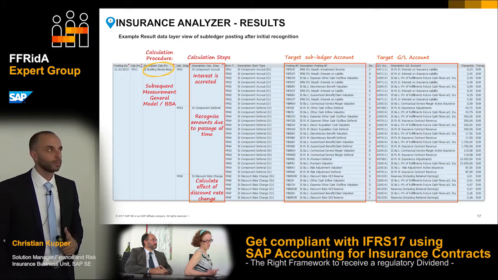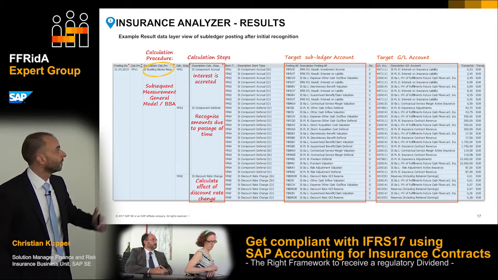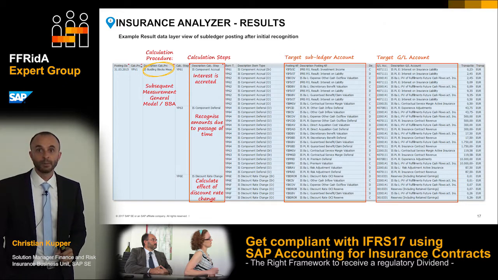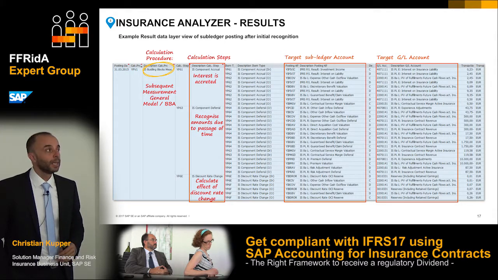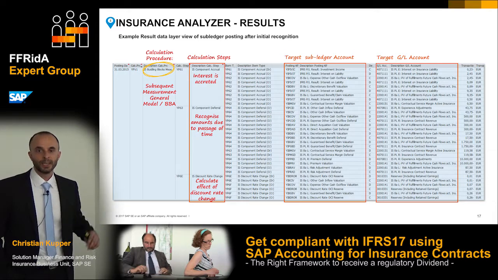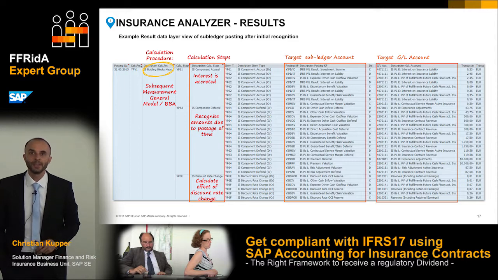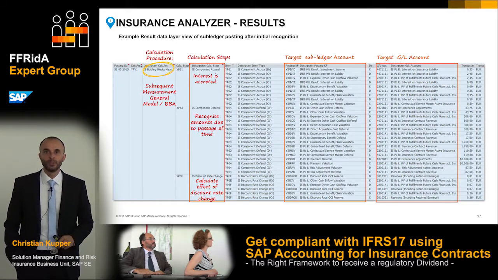So the interest is accreted before we do the deferral, and we check for discount rate changes. So all that is done in an auditable way. Everything is stored in here. And to show you a bit more than I can do with this screenshot, I would hand over to Louise, and she prepared a little demo for you to show you this in the system right now.